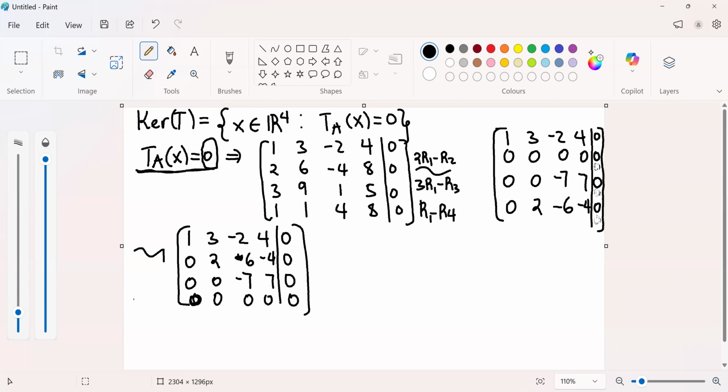And from there, I cannot row reduce further. Remember, the aim of row reducing is to have at least a row where zeros appear.